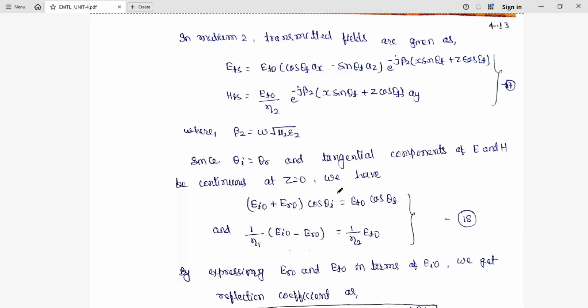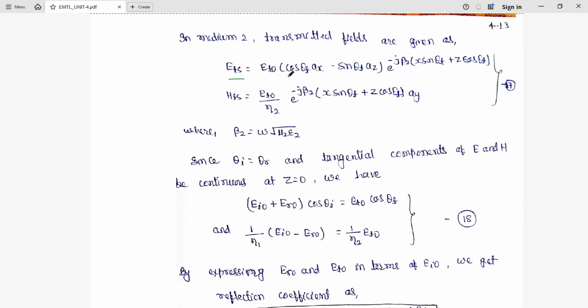And in medium 2, what do we have? In medium 2, we have only the transmitted wave. Since the electric field is parallel to the plane of the wave, the situation is similar: E_T0 (cos theta_T a_x minus sin theta_T a_z) e to the power minus j beta_2 (x sin theta_T plus z cos theta_T).